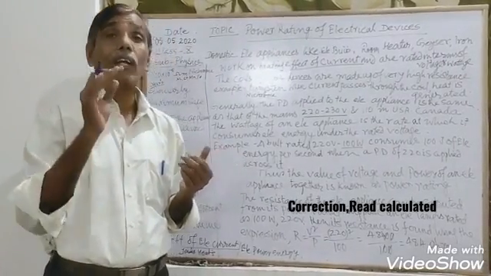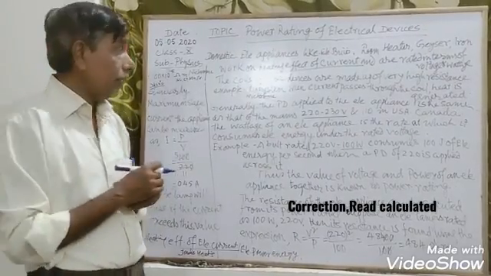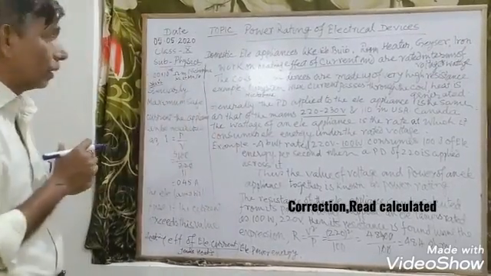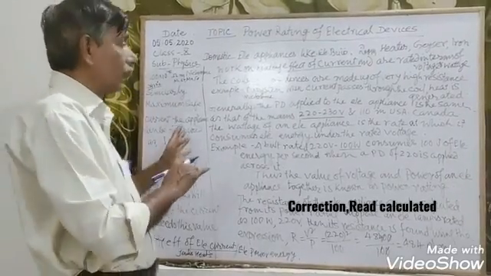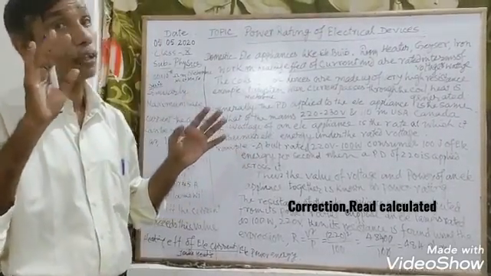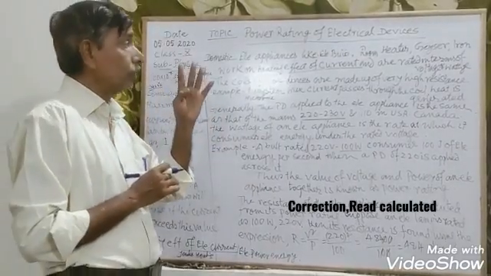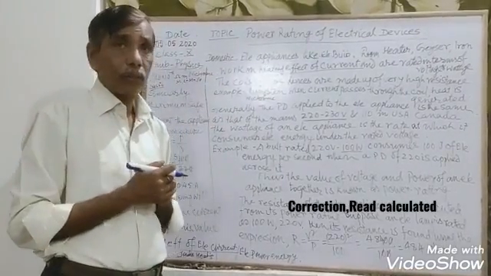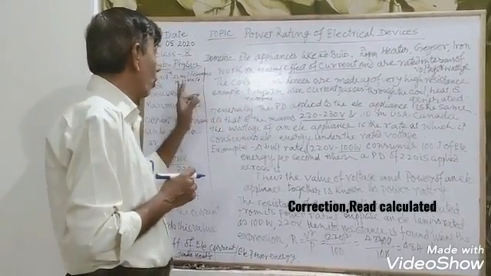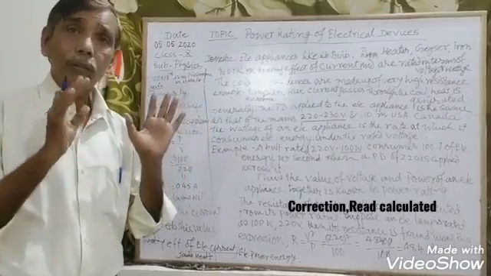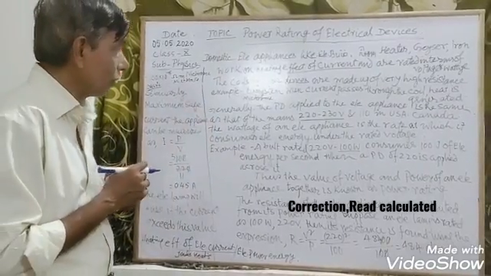Nichrome is an alloy. This nichrome is made up of nickel, chromium, manganese and iron, 4 constituent metals. Nichrome is made up of all these 4 constituent metals.